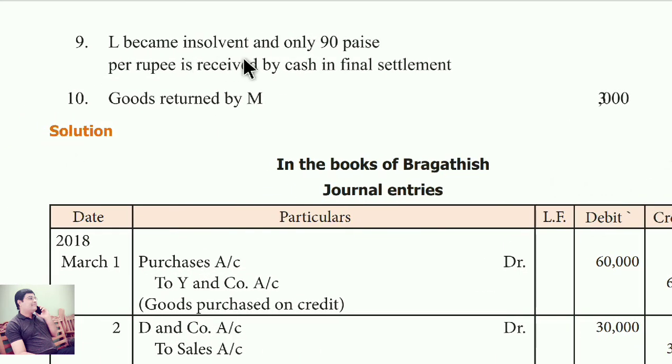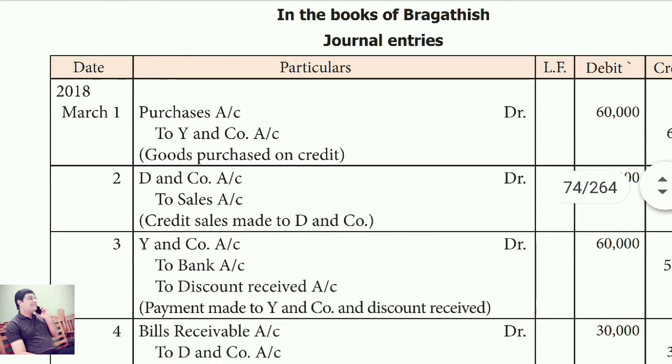Now see the next, ninth entry. L became insolvent. L said I don't have money, and only 90 paise per rupee is received by cash in final settlement. So what he wants to say is, only I can give you 90 percentage. 90 paise in a rupee means 90 percentage is the only amount I can pay.